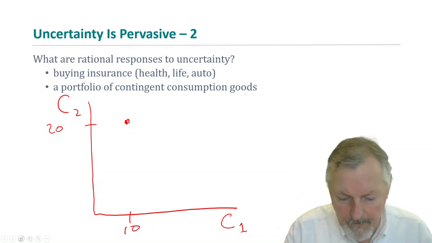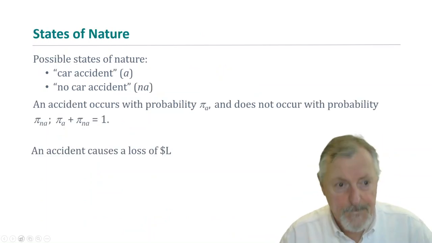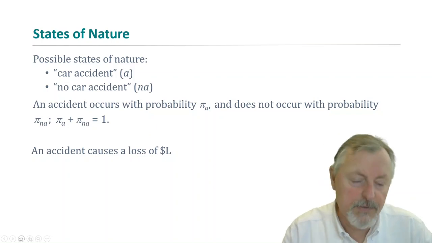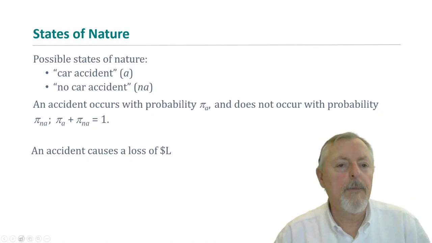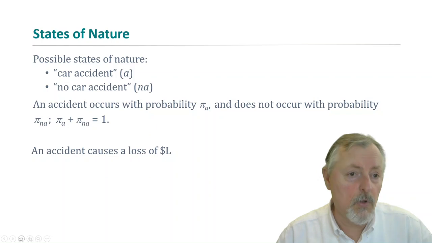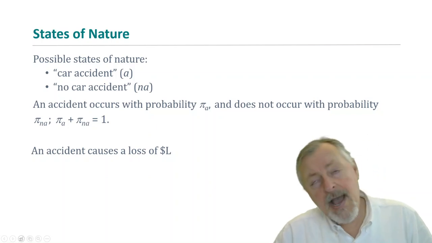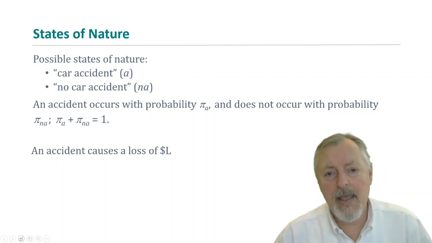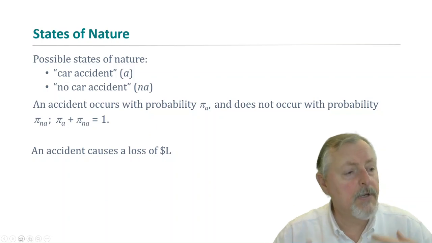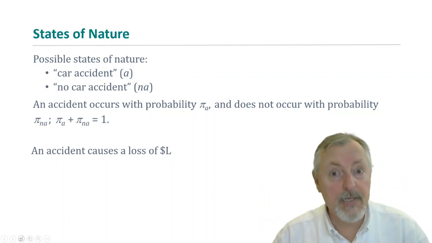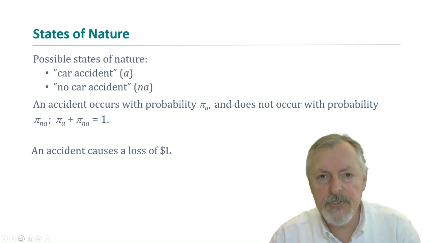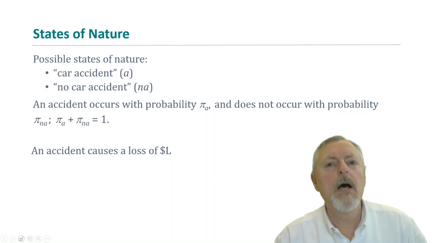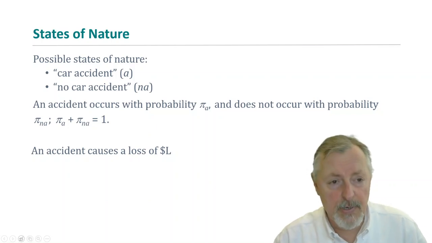Now, here's an example. They call this states of nature. Either there's going to be a car accident, we'll call that A, or not a car accident, we'll call that NA. Now, you're going to have some belief, we'll assume your beliefs are accurate for the moment, of the probability of each of these happening.